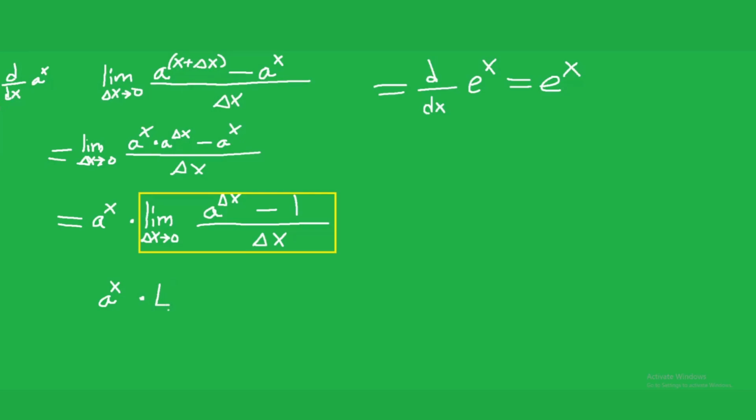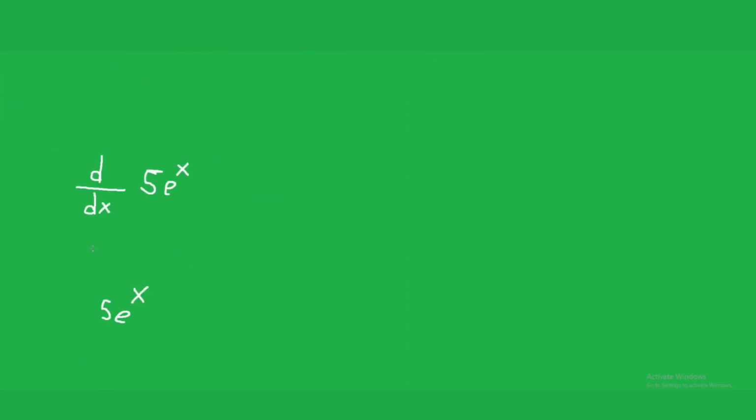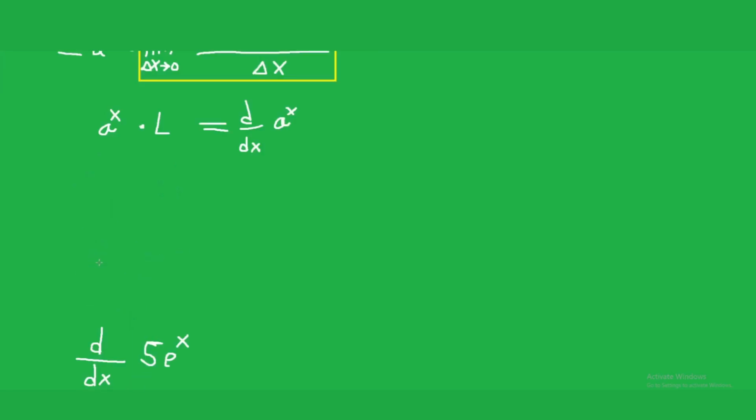I'm going to say L equals the limit, and d over dx of a to the x equals a to the x times L. Just know that's pretty significant. Eventually, you'll have the tools to determine what L is. Not right now, but eventually. That's the idea behind the derivative being e to the x.